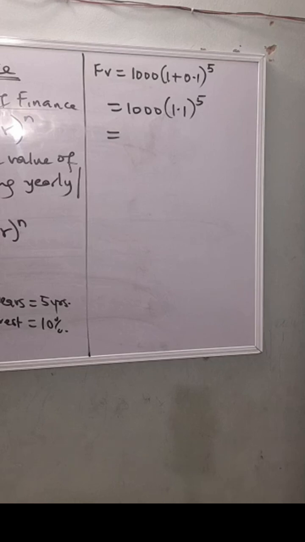For you to get the result, you are going to write 1.1 raised to the power of 5 multiplied by 1,000.